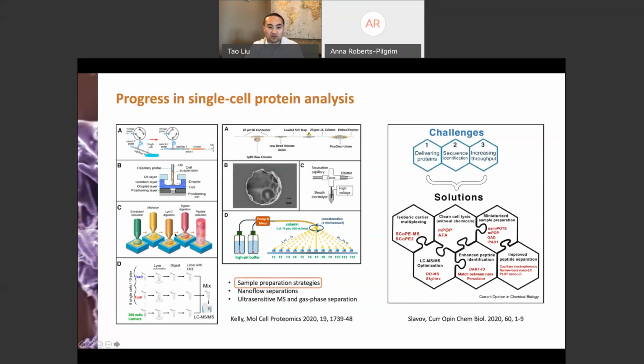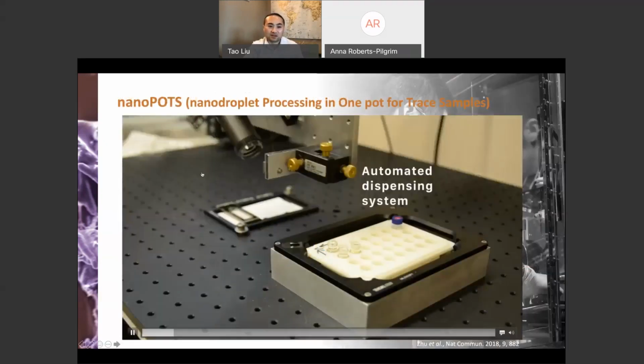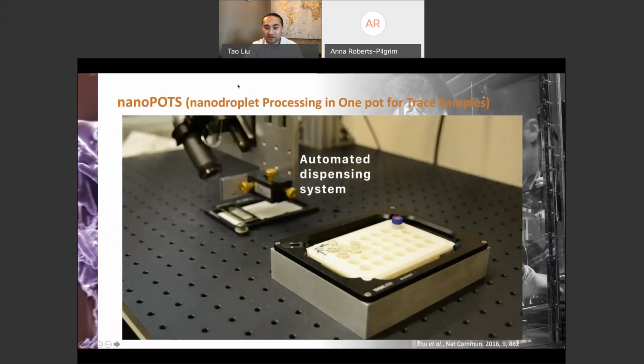One of our contributions is to miniaturize the sample processing platform, which I'm going to talk about in the next couple of slides, and then some strategy based on isobaric labeling in terms of, quote unquote, amplifying the signal for protein analysis. This is our strategy, basically miniaturizing the reaction space.